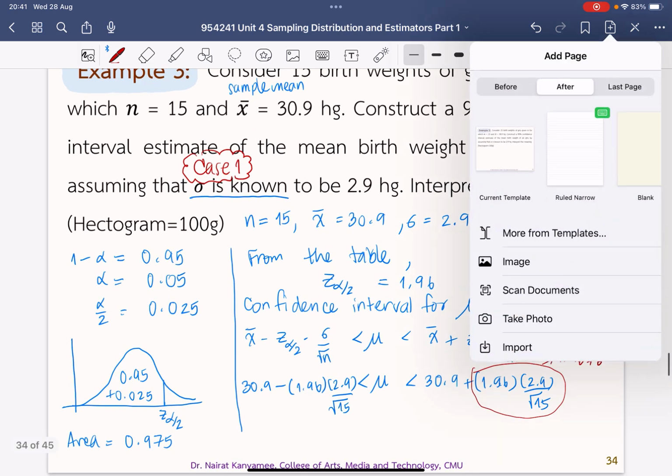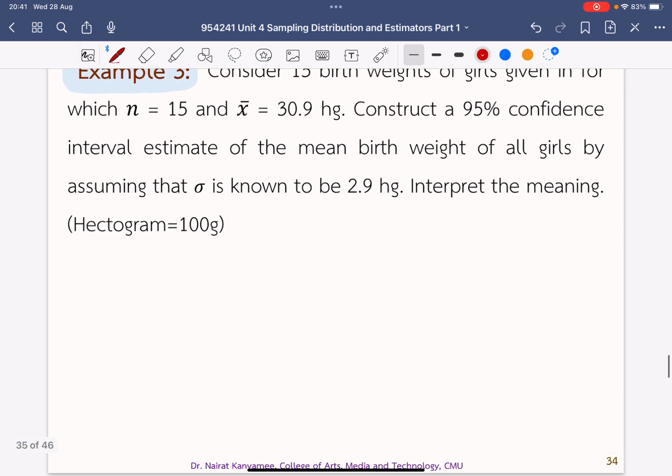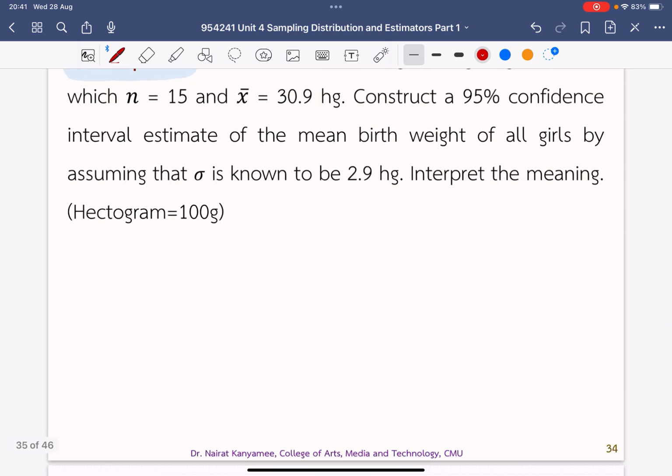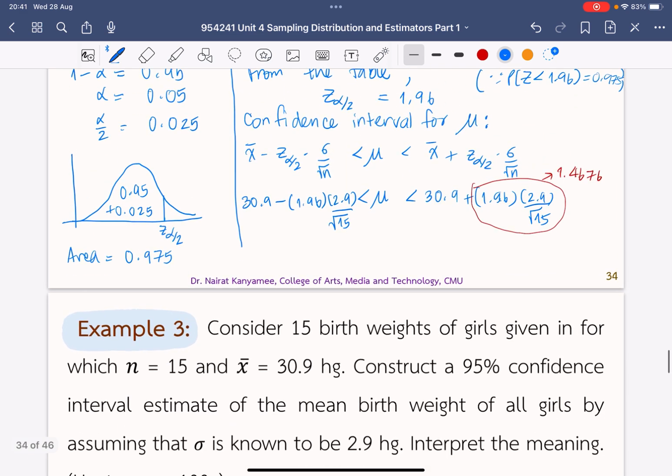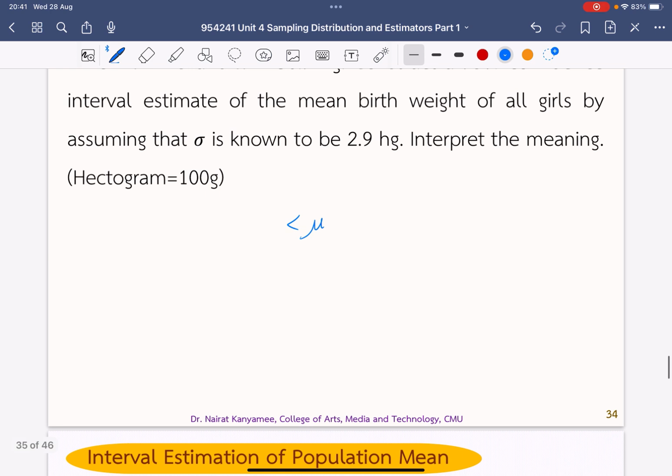Let me add a page. Okay, example 3 still. So mu is going to be greater than, if you calculate the values here, you get 29.4324 and less than 32.3676.